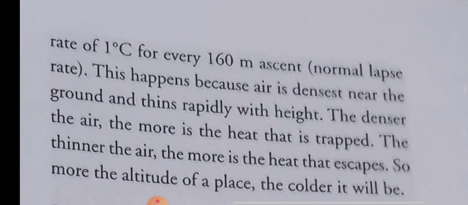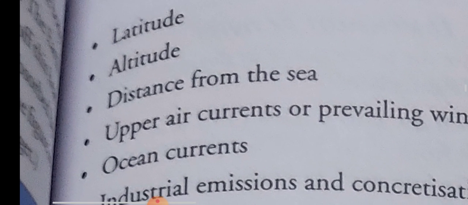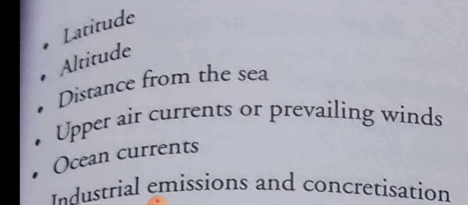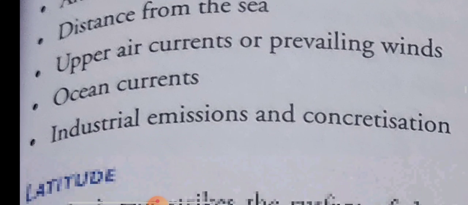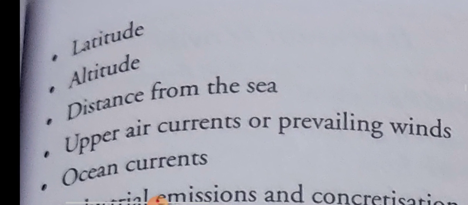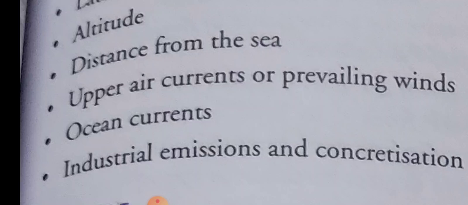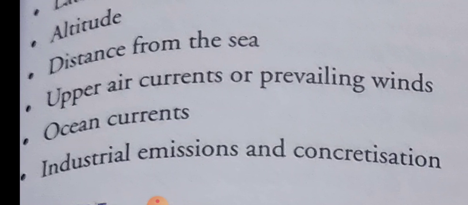They are latitude, altitude, distance from the sea, upper air currents or prevailing winds, ocean currents, and industrial emissions and concretization. So the first one is latitude.